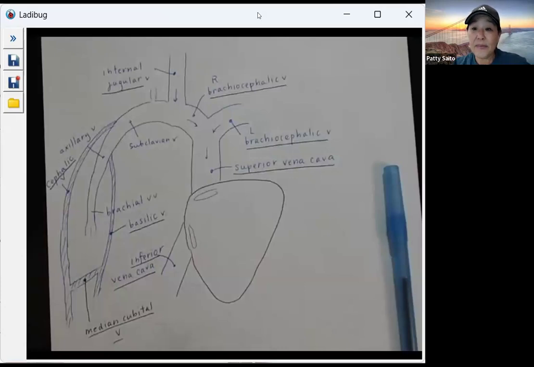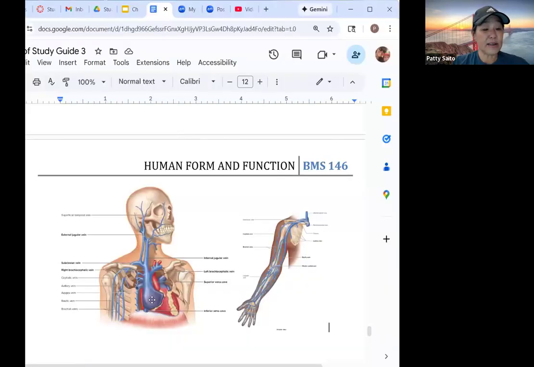Okay. Let's see, what else do you have to know? Okay. There's one more vein that you're responsible for, but I'll show you in the picture. Let me go back to our images. All right, so we can see here's the superior vena cava, here's the brachiocephalic trunk, here's the internal jugular vein.